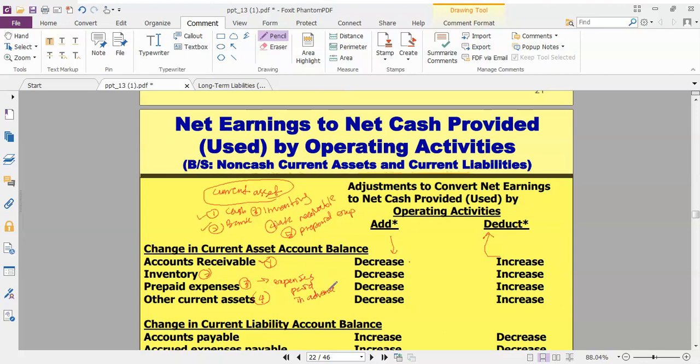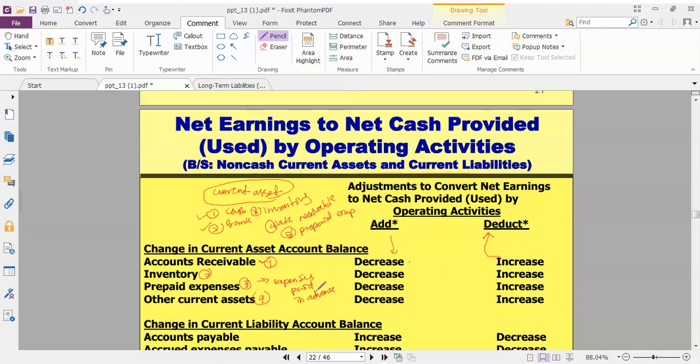This is a non-cash item, so we just record the amount. Why does prepaid expenses appear under the current asset?